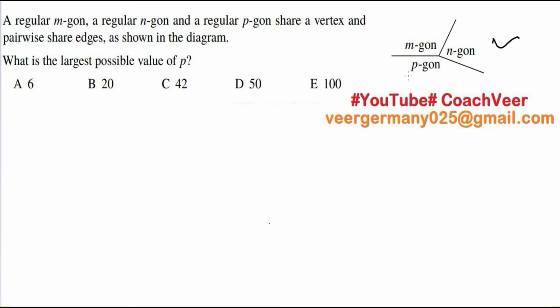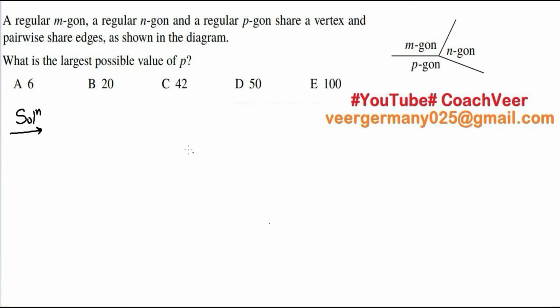This p means how many sides this polygon has. What can be the maximum value of it? So these are our possible options, and we will see how to solve this question. For that, first we should know that they are connected here.